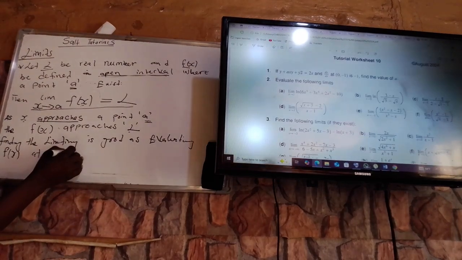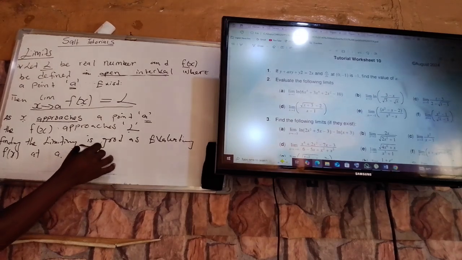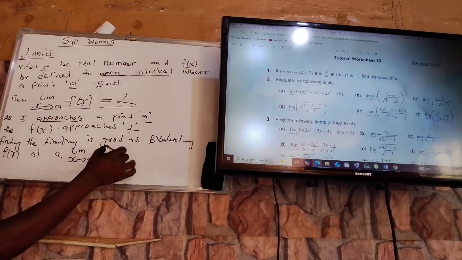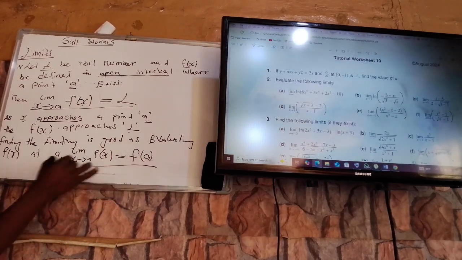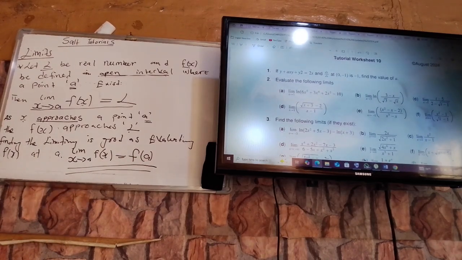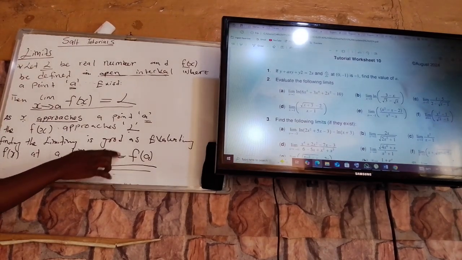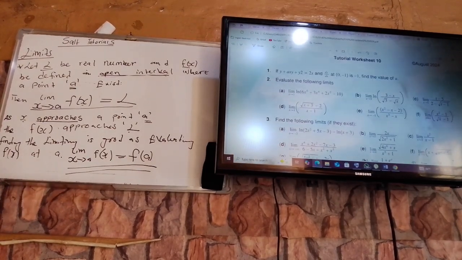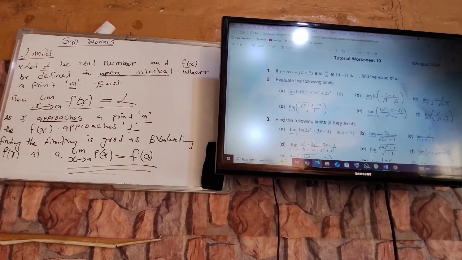This implies that the limit as x approaches a of f of x is just as good as evaluating the function at a. This is what we are trying to say. So every time we are drawing nearer to the value a, the whole function f of x will draw nearer to the evaluation of f of a.